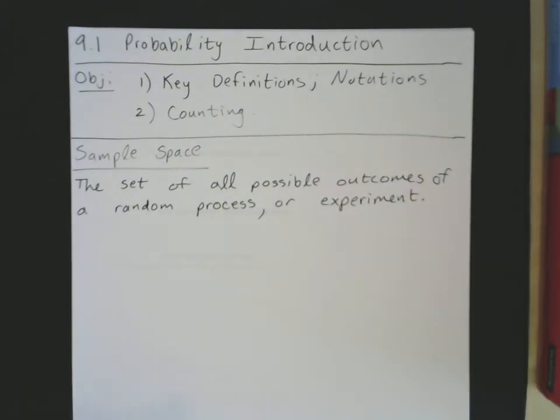So when we say experiment, we mean a random process. So a statistical experiment is a random procedure that has some number of outcomes. And all of those possible outcomes are sample space.